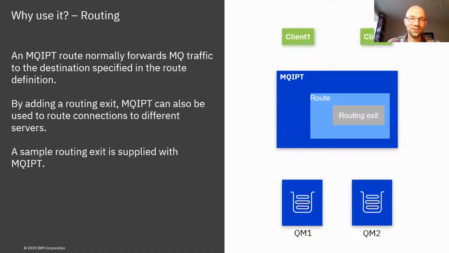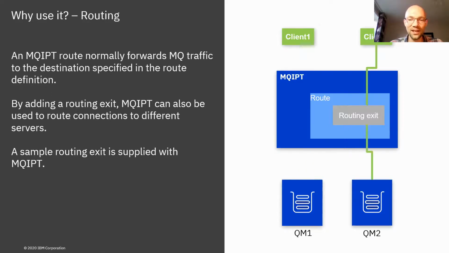So there are, of course, a number of ways that you can load balance across your queue managers and so on. There are a number of load balancers out there that are fairly generic. MQIPT itself is not a load balancer. However, if you are using MQIPT, then you can, if you choose to do so, write an exit that will help MQIPT route the connections that come in to a specific destination.